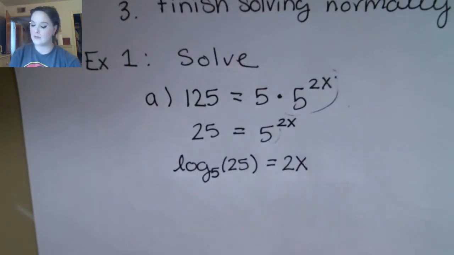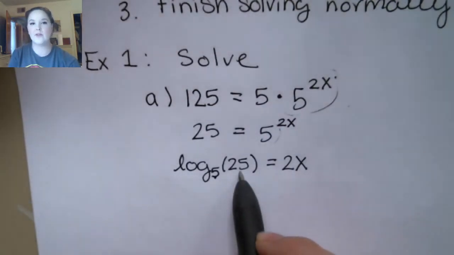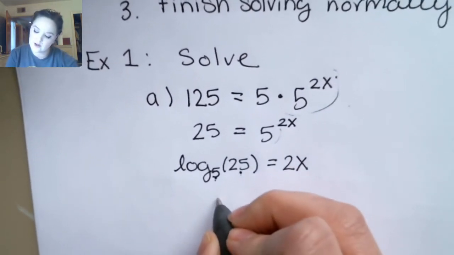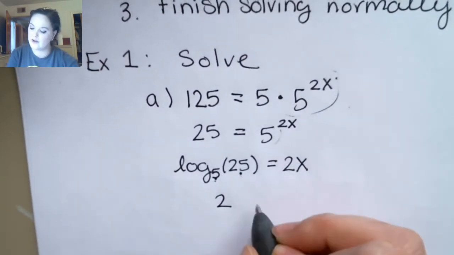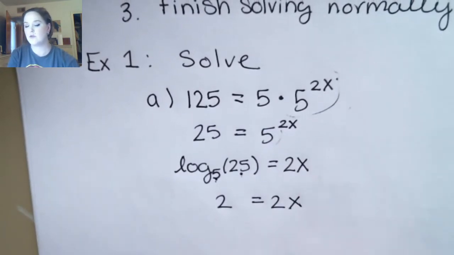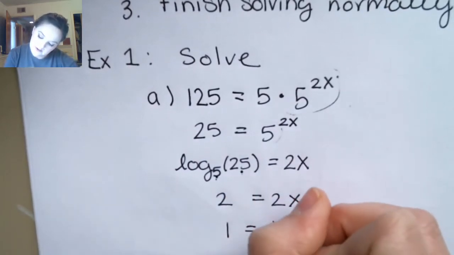This is asking you what power of 5 is 25. Well, 5 squared is 25. Over here we still have 2x, and now we're going to divide both sides by 2.